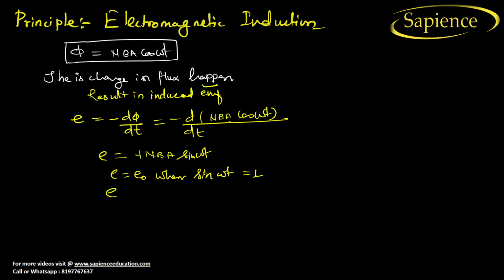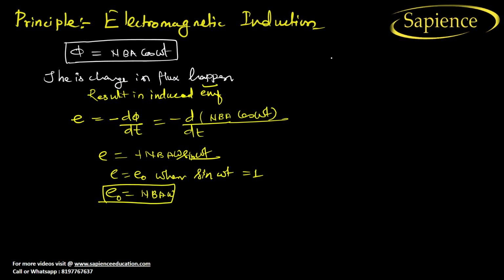So in the maximum condition, E is equal to E naught, and we get NBA omega. So we have got E naught as NBA omega.